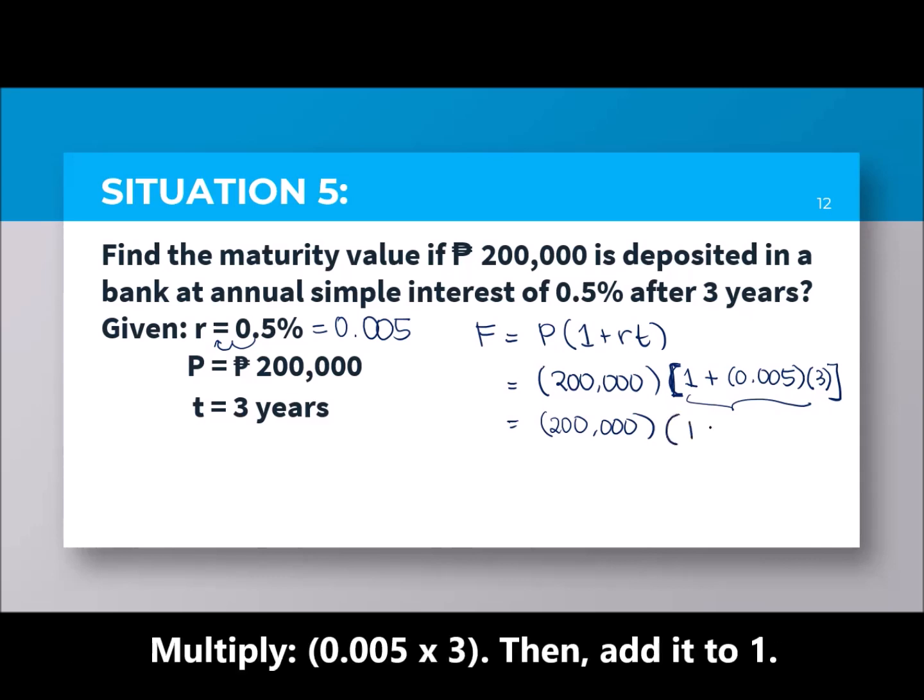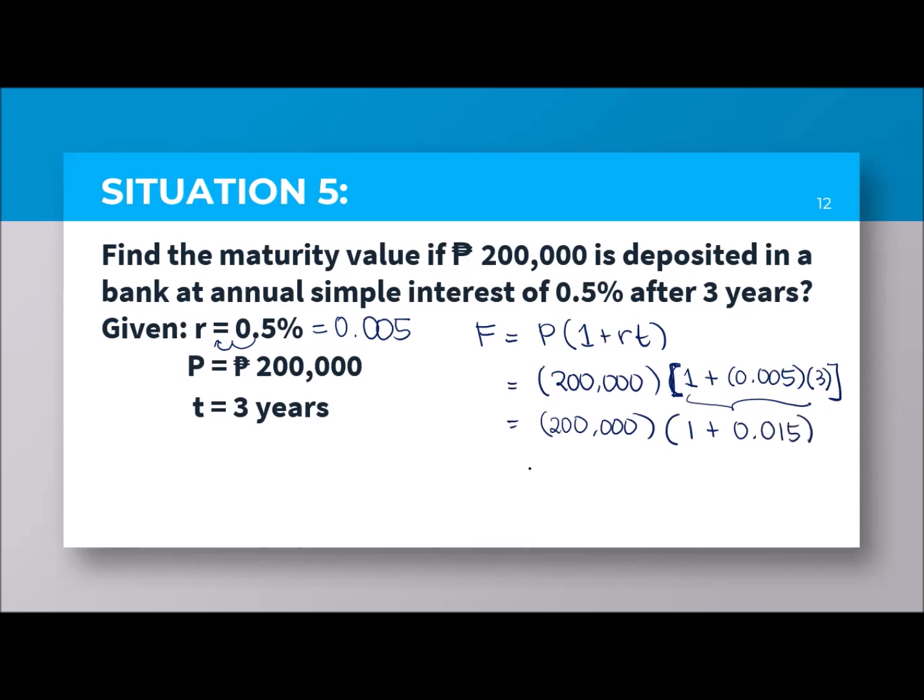So, magiging 1 plus 0.015. That is 0.005 times 3. And then, simplify ulit natin. So, 1 plus 0.015 is 1.015.